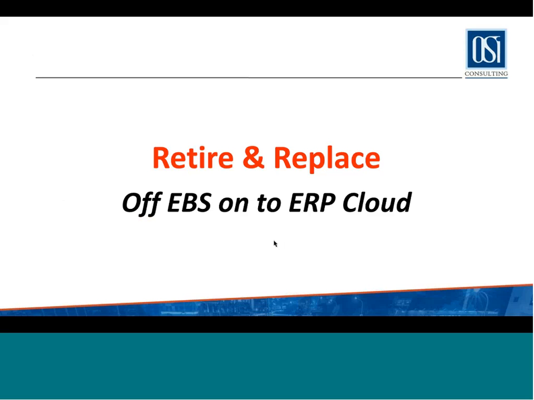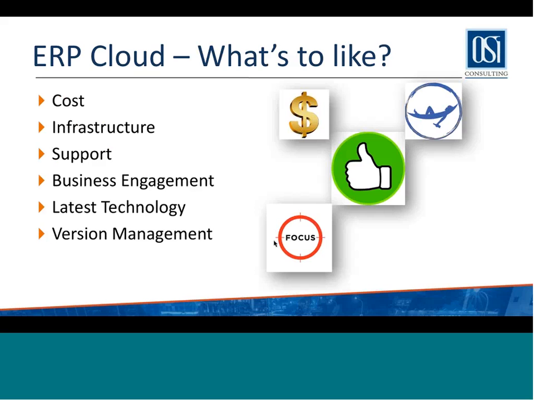So coming on to the first option, moving off EBS onto the ERP cloud, which I call retire and replace. There are a lot of good things about the ERP cloud, so I call it what's to like. Obviously, the money is, you pay based on users, you pay based on usage.